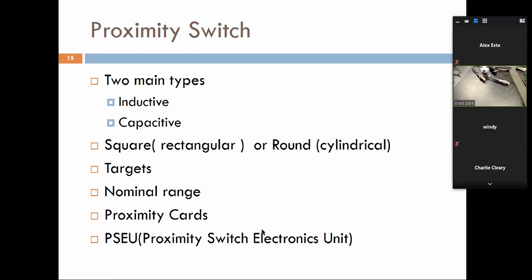And then it has proximity cards, and what they call a proximity switch electronics unit, or PSEU. Each sensor feeds back into that electronics unit so that it knows if the sensor is close to the target.